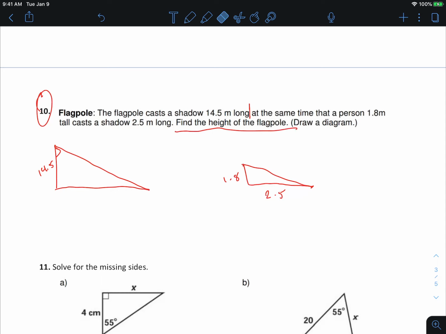Sorry, we labeled this wrong. 14.5 is on the ground. So they're both 90 degree angles. Typically, yeah. We're trying to find the height of the flagpole, so we'll just label it X. Yeah, good.